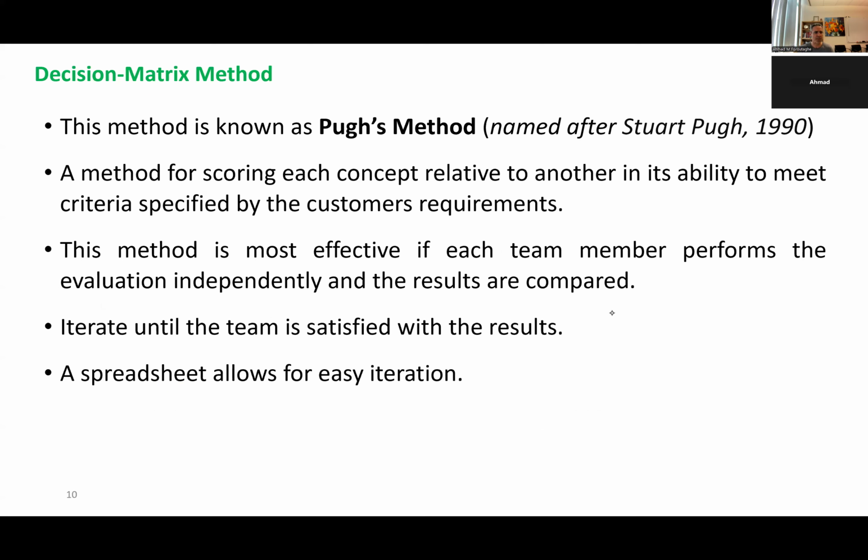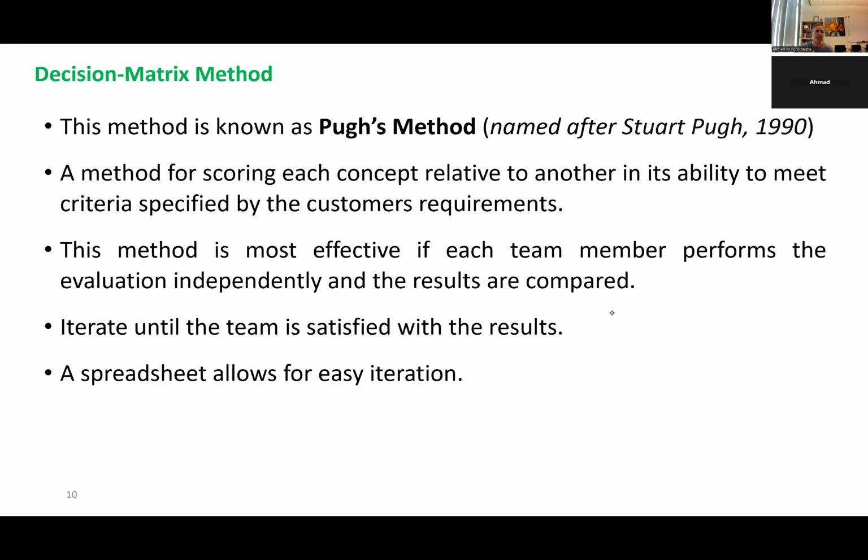The second approach, which is comparing concepts with each other, is the decision matrix method. This method is also known as the Pugh method or Pugh charts, named after the scientist Stuart Pugh. Well, this method again compares concepts with each other.